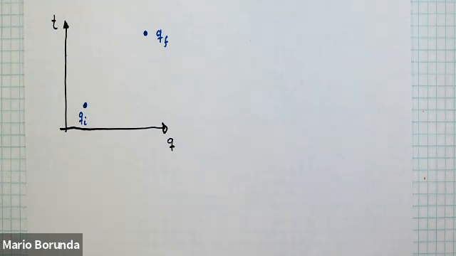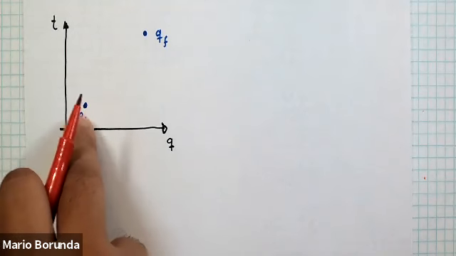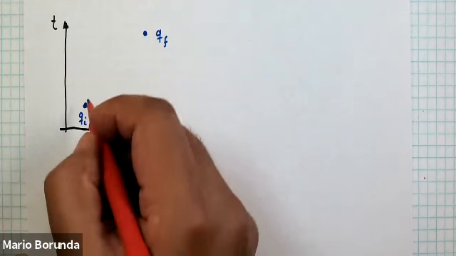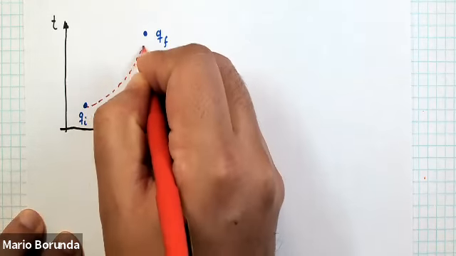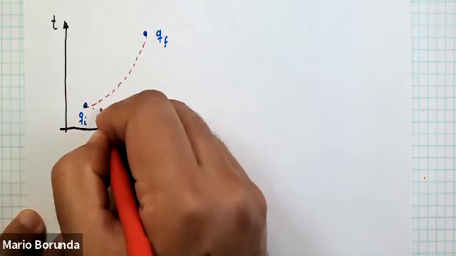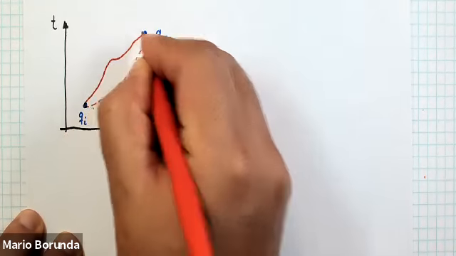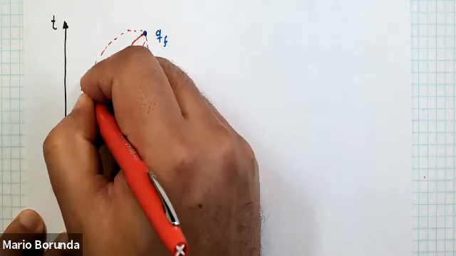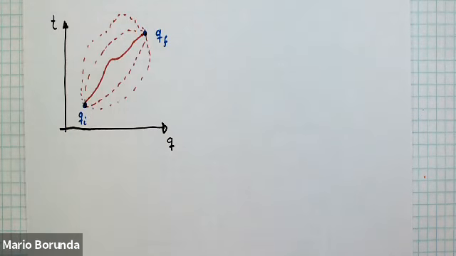Let's say that initial q is at time t equal to 0. Final q is reached at some time t. So there's different paths that can take you there. Maybe they look like this, maybe they look like this, and there are several paths that take you there.